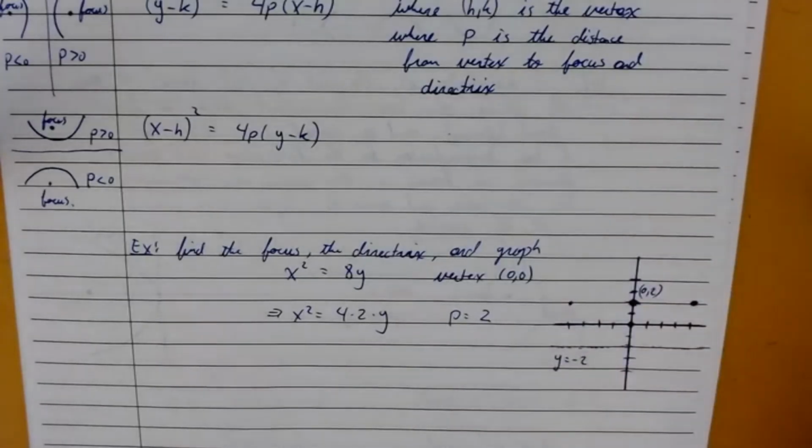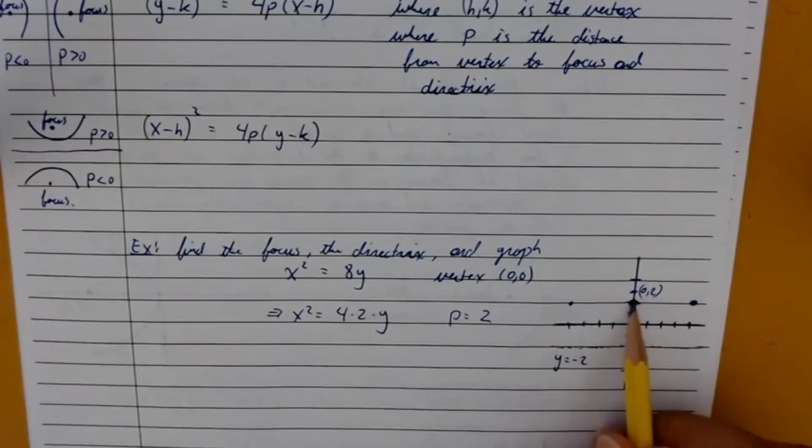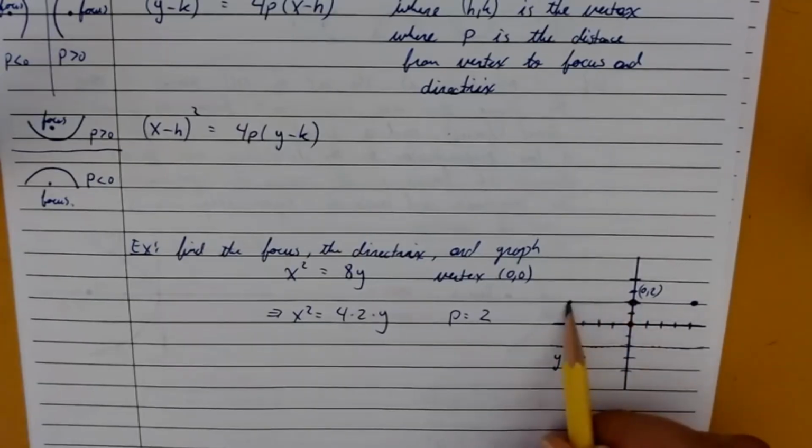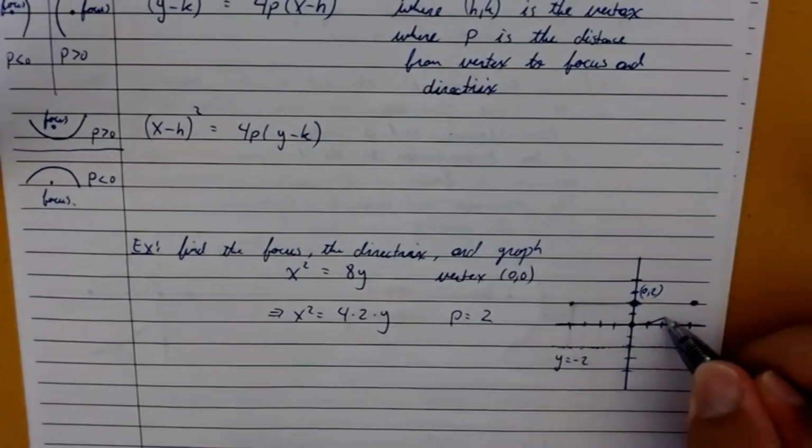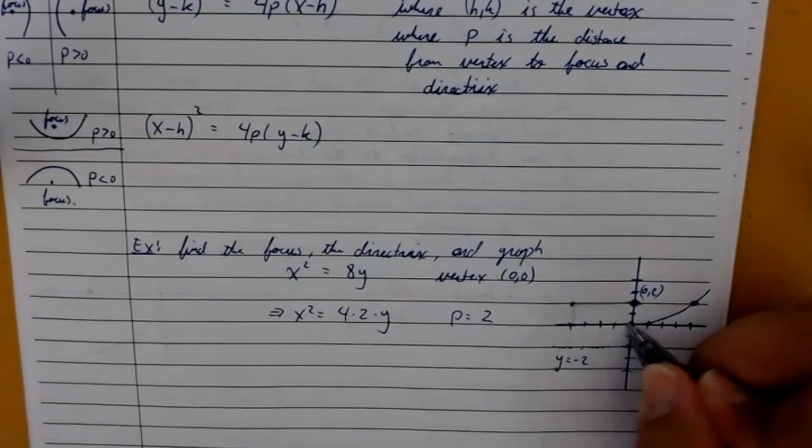Because after all, if this distance is 4, and this distance is 4, then this point is equidistant from the focus and the directrix, which by definition must mean that it's on my parabola. So that now tells me how wide I can make my parabola.